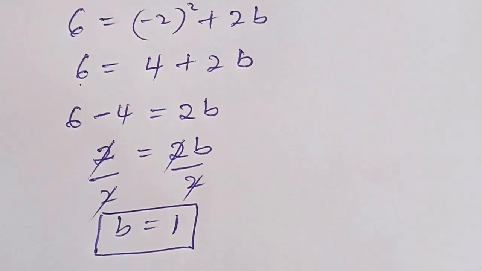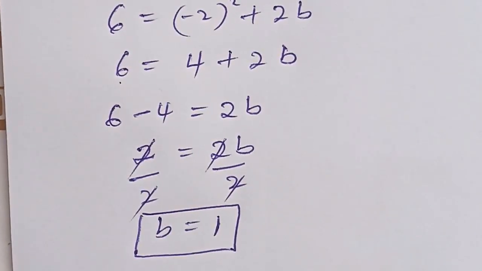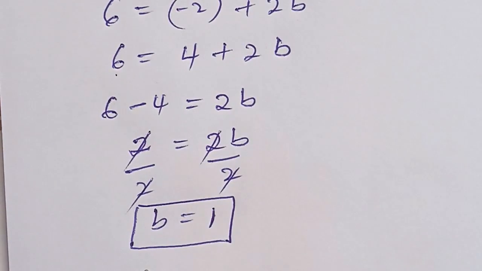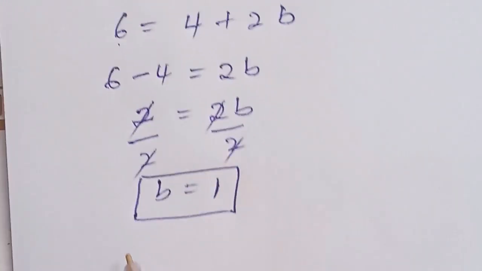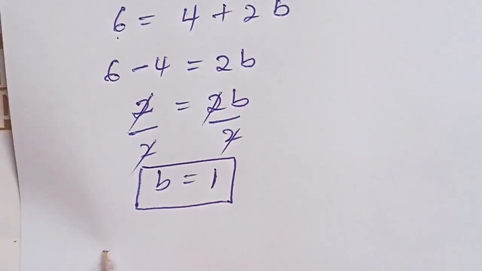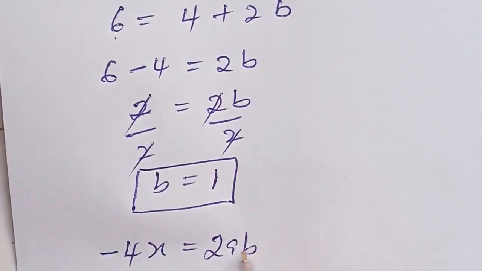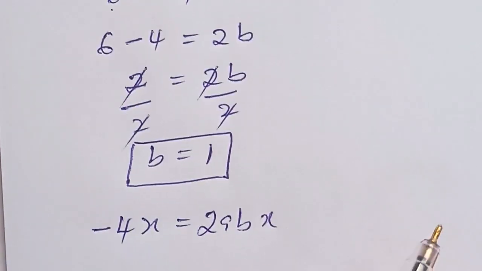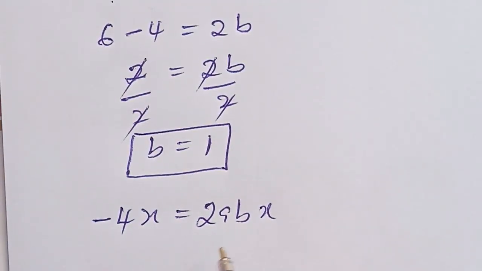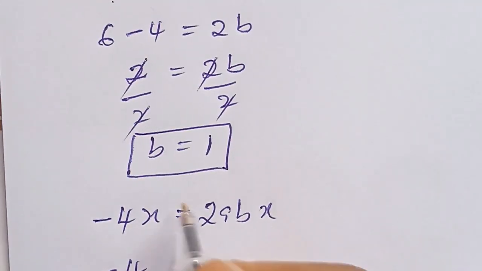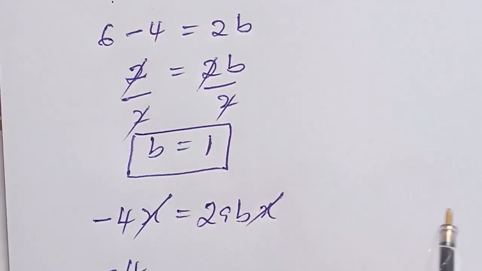Now we have considered comparing the coefficient of x squared. Now we also compare the coefficient of x. From our equation we have minus 4x is equal to 2abx. So the x cancels out.